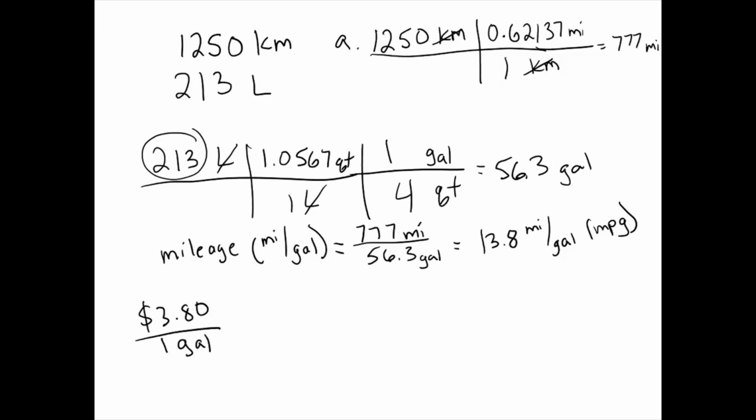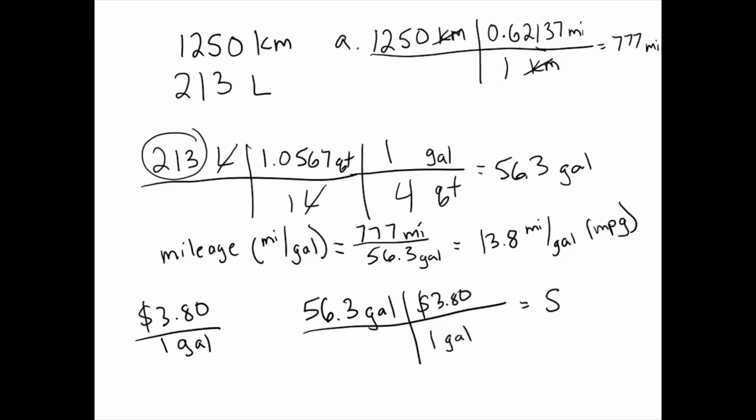And we know that we used 56.3 gallons. So that's how much we use. 56.3 gallons times $3.80 per 1 gallon. So this trip cost $214. You definitely don't buy a Lamborghini for the fuel economy.